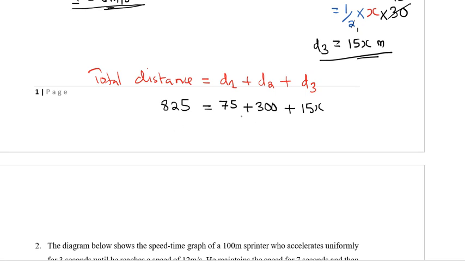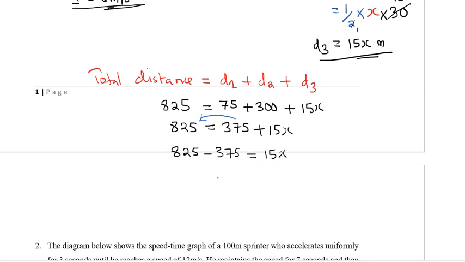Let's add the 75 plus 300 first before we group the like terms. 75 plus 300 gives me 375, isn't it? Then plus 15x. These two are not like terms, so we are going to group the like terms. I'll take this 375 to the other side. We are going to have 825, which is positive; you bring it to this side, it will be minus 375 equals 15x.